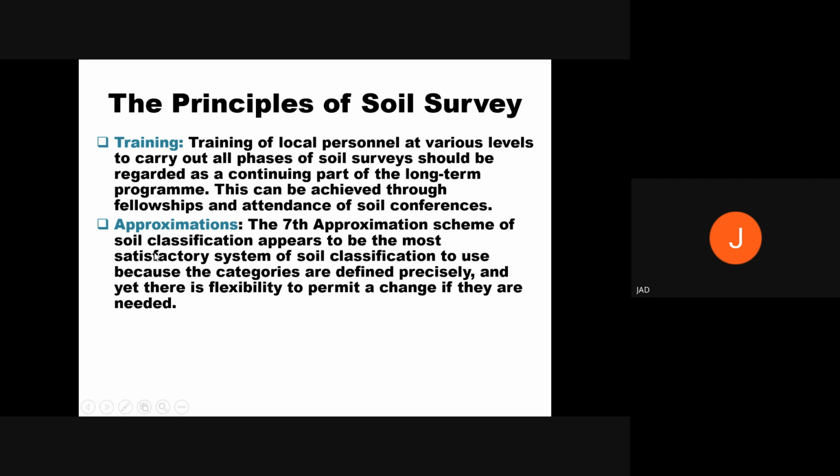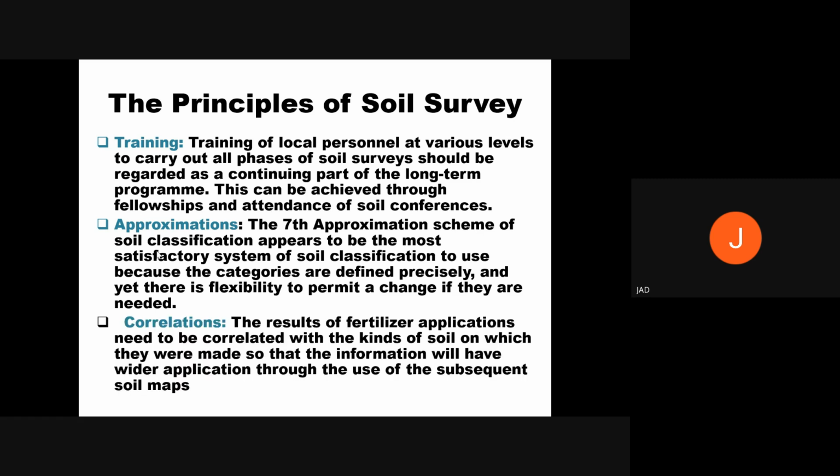It's a scheme of soil classification systems that are being used in classifying, although it allows flexibility for it to be modified to meet local needs, to tailor to the local requirements. So these principles should be a guide when you want to conduct a soil survey.